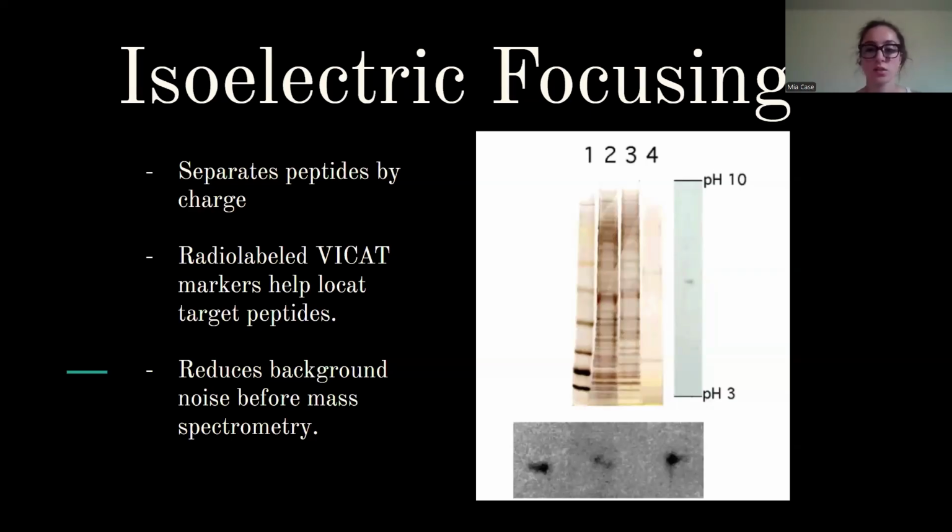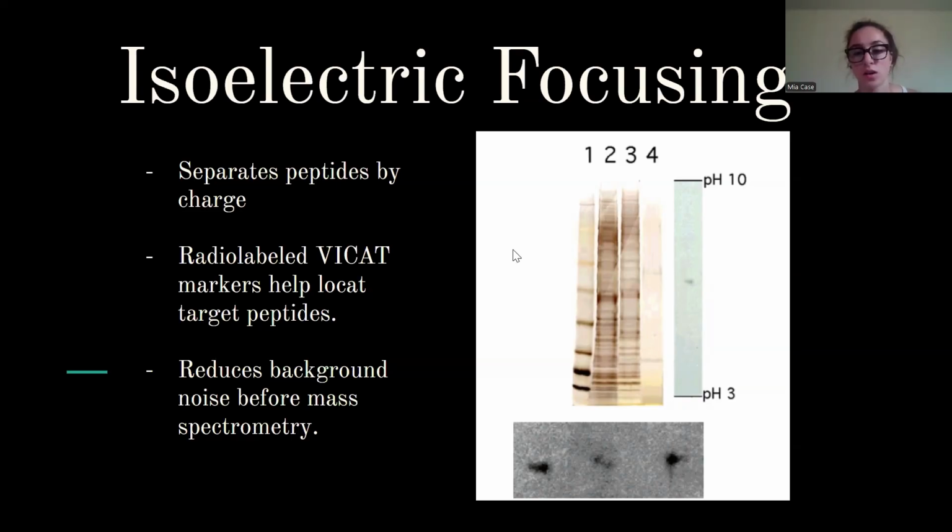And so the isoelectric focusing plays a crucial role in the workflow. The VICAT marker peptide, which is radio-labeled with carbon-14, allows researchers to visually detect and locate the region in the gel where the target peptide migrates in the isoelectric focusing. This is essential for extracting the correct gel slice before affinity capture, and the researchers confirmed the reliability of the gel tracking system by comparing it with radioactive signal intensities from X-ray film and scintillation counting, which consistently co-localized with the expected peptide position.